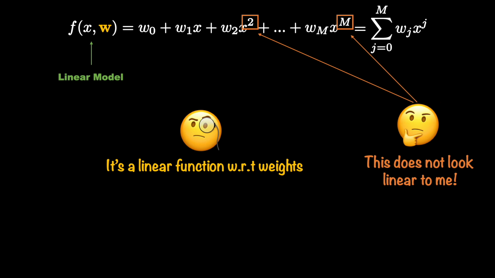If it still makes you uncomfortable, the way to think about it is that x square and x cube and x raised to the power m could have been represented using some other symbols. For example, instead of using x square, maybe I would have used a z, and then you would not see anything which has powers to it.